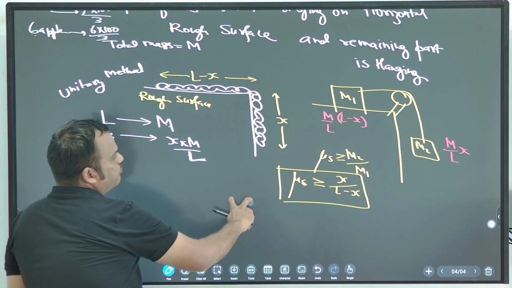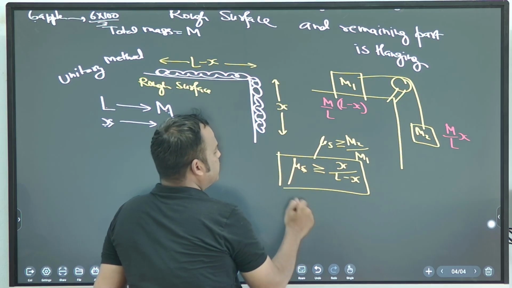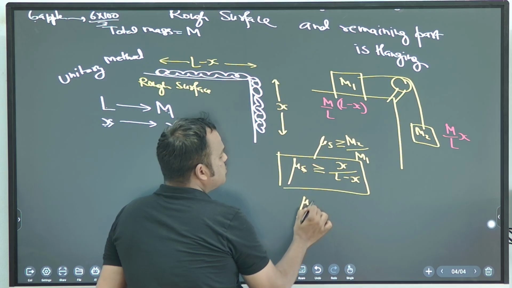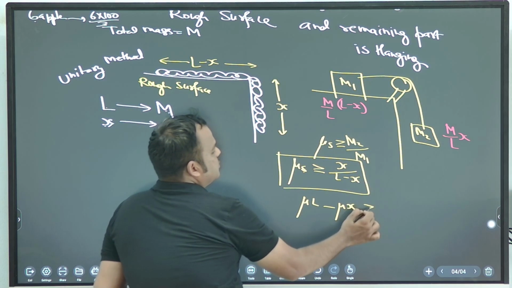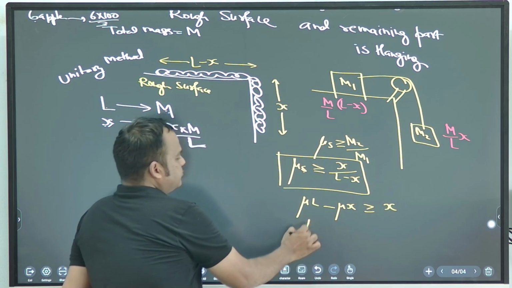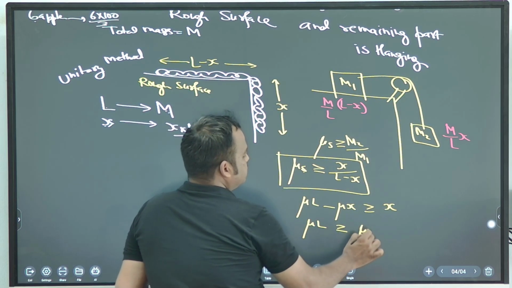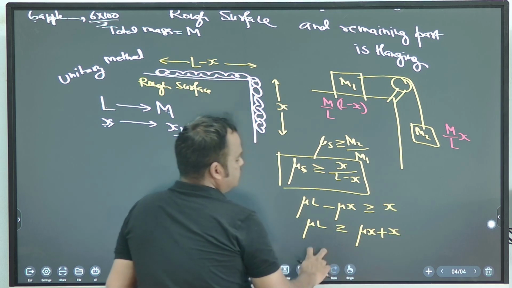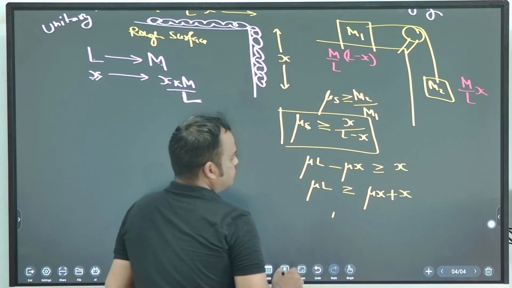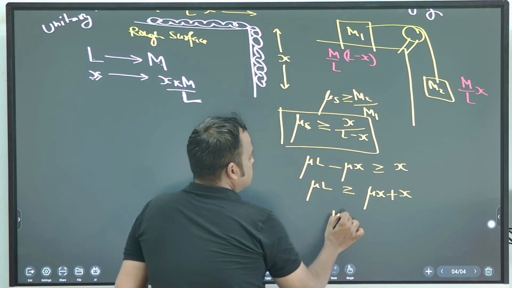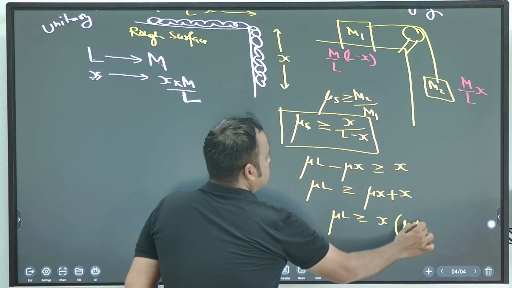Now find the formula for X. So cross multiply. Mu L minus mu X greater than or equal to X. So mu L greater than or equal to mu X plus X. So mu L greater than or equal to X common, mu plus 1.